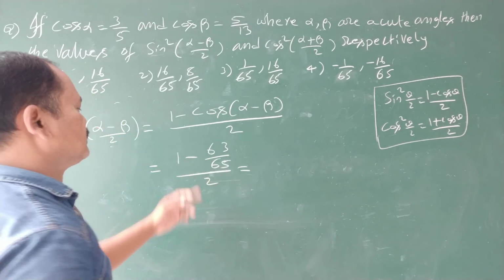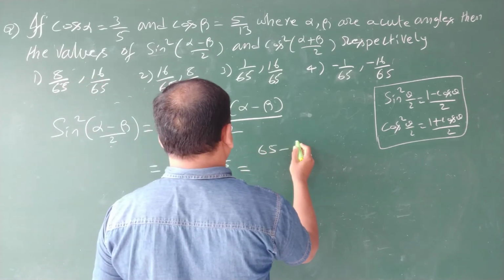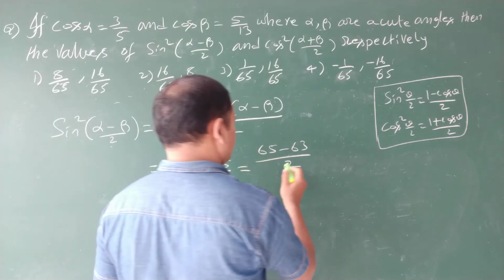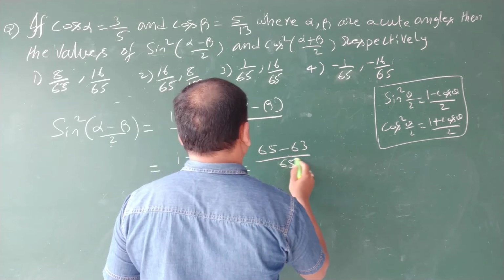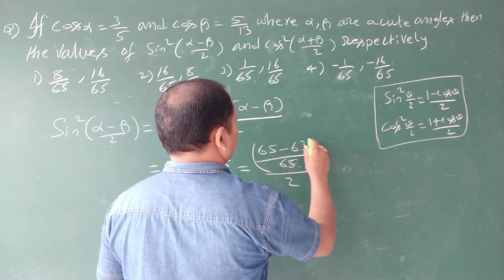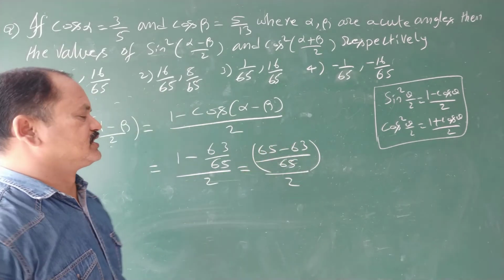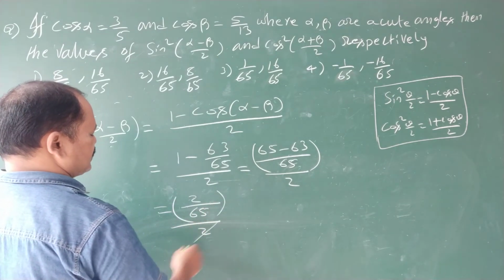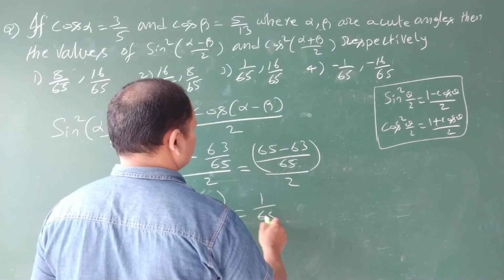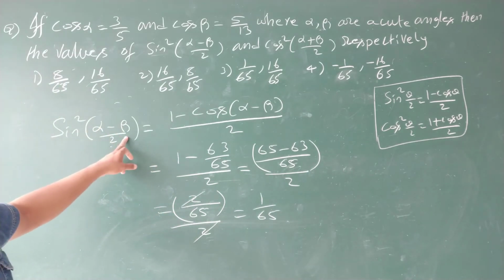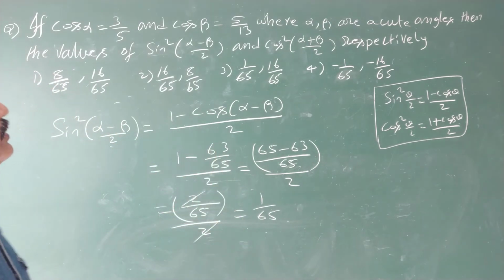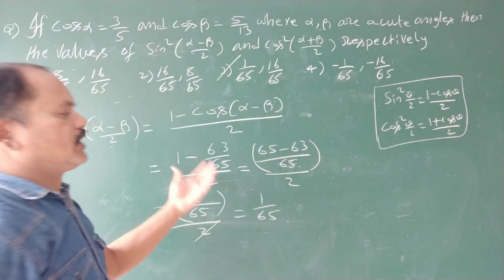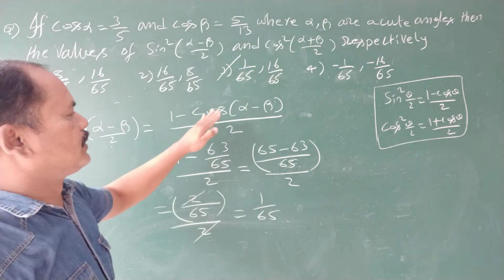From this, it is (65 minus 63) whole by 65, LCM is 65, whole by 2. 65 minus 63 is 2, so 2 by 65 whole by 2. That's why these 2s get cancelled: 1 by 65. That's why sin square (alpha minus beta) by 2 is 1 by 65. That is the third option.